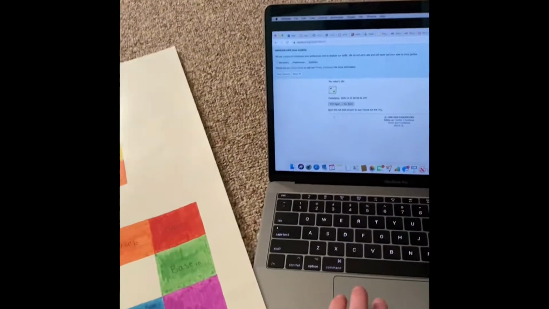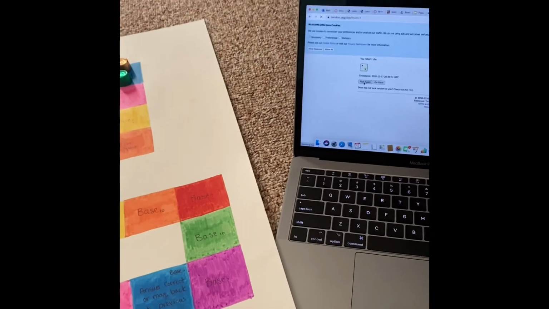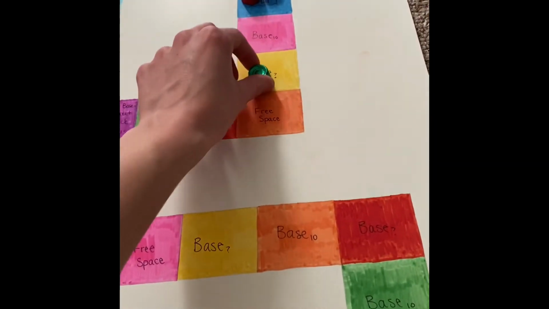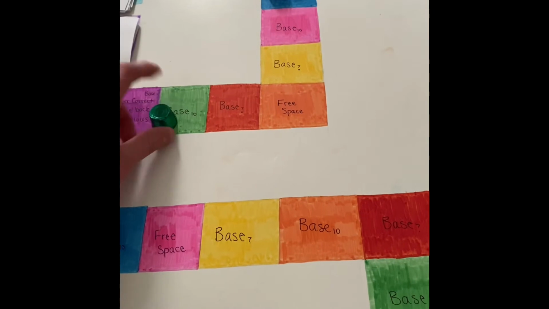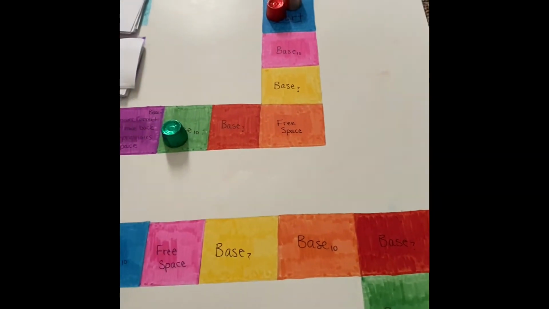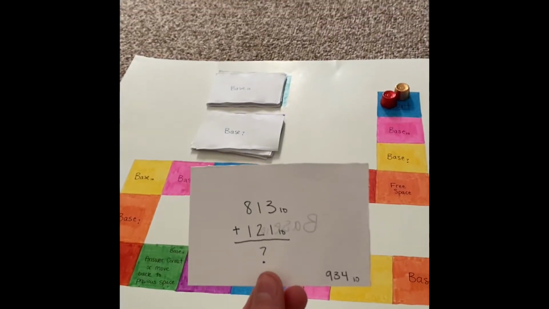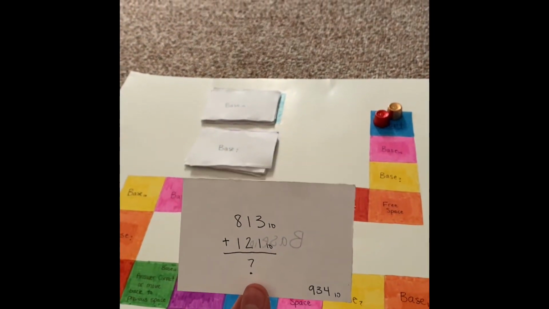So first, the first person would roll. Okay, they got a 5, so then you count 1, 2, 3, 4, 5. It says base 10. So one of the other group mates would take a card that says base 10, and it's adding base 10.